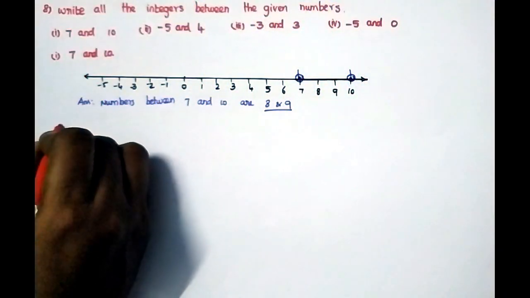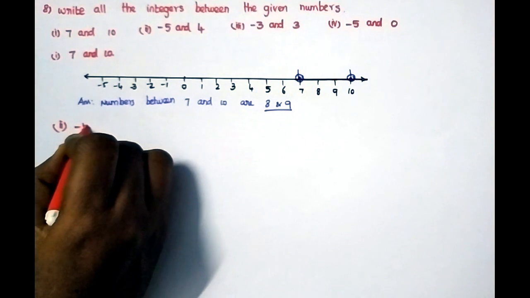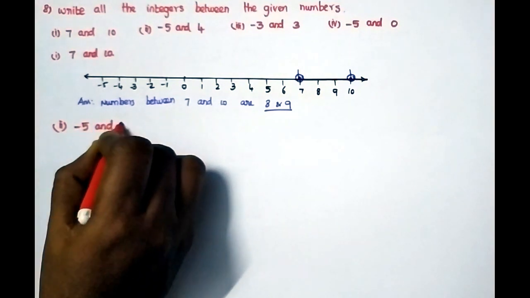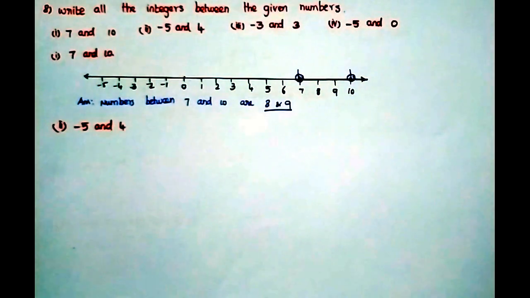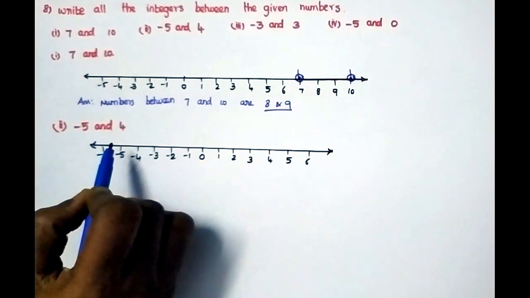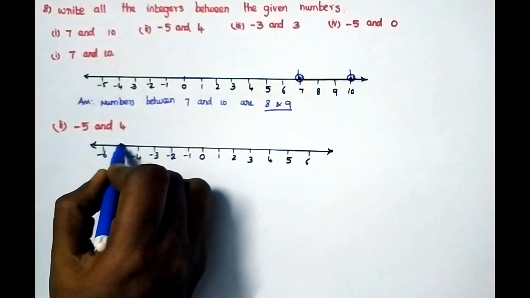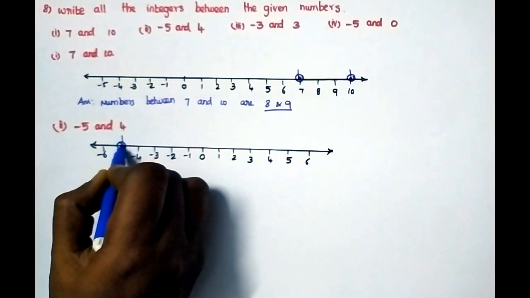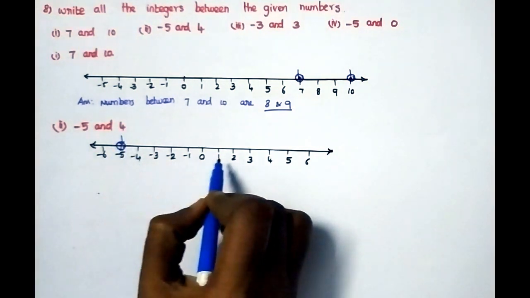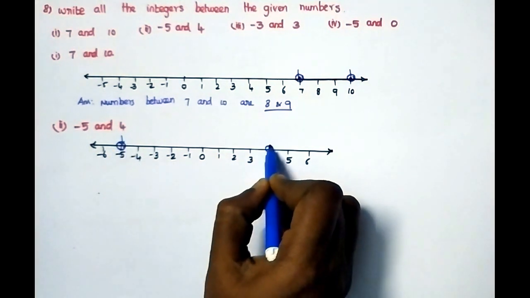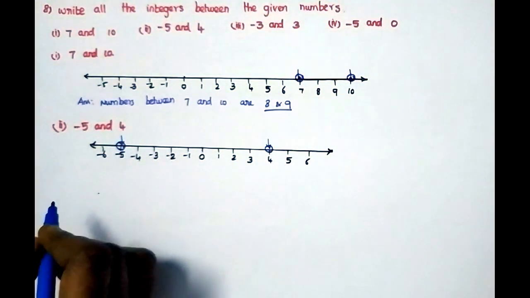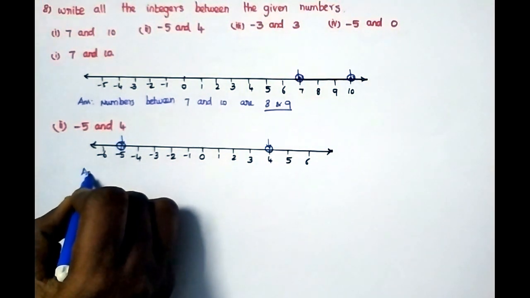Next one, minus 5 and 4. Here minus 5 and plus 4 here. So what are the numbers in between?